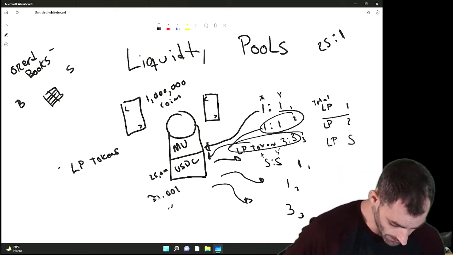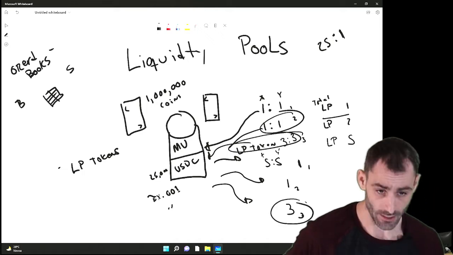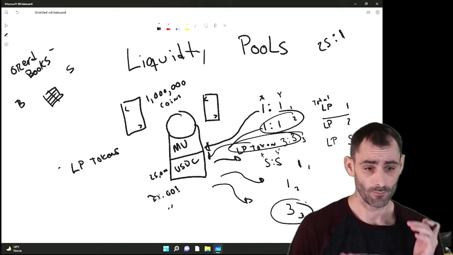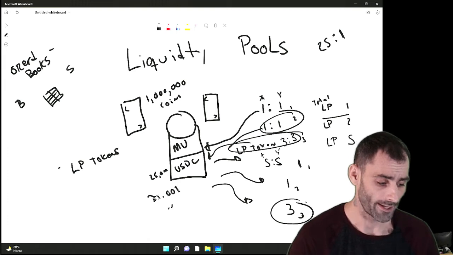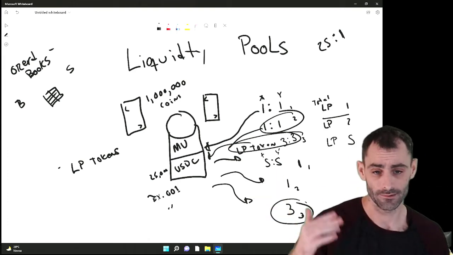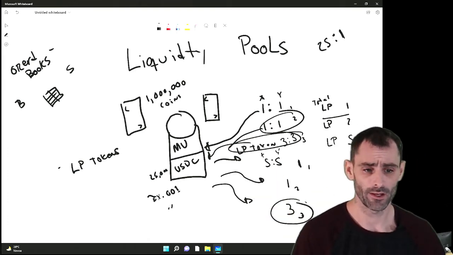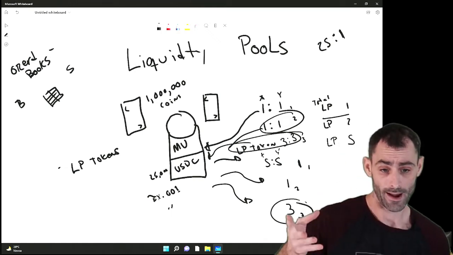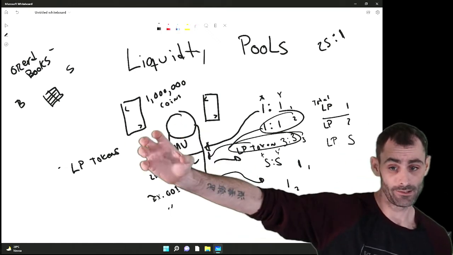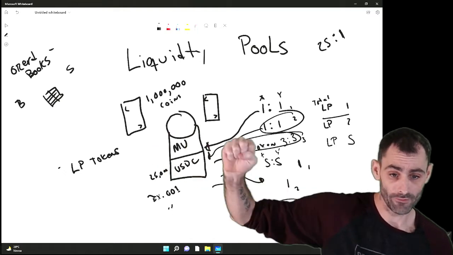Okay, so now you can see person 3 could say, you know what, I'm not interested in providing liquidity between x and y anymore. I've provided 3 x's and 3 y's. I want to go get some a's and b's. So now he needs to get his tokens out of this liquidity pool.